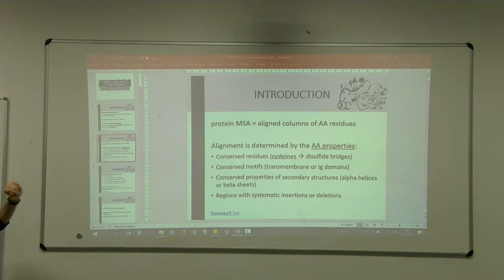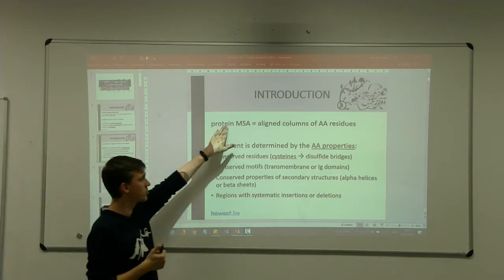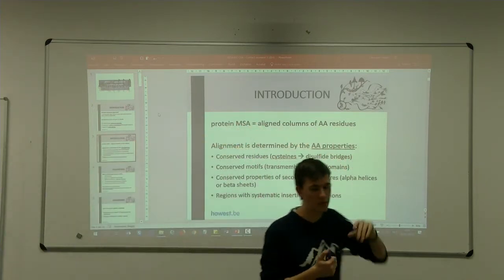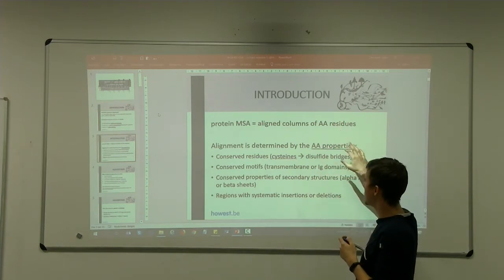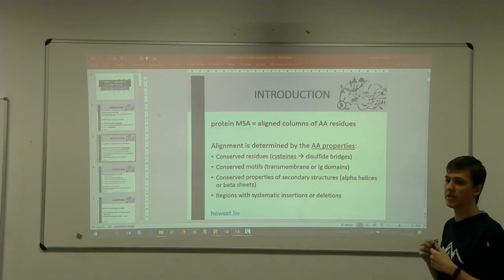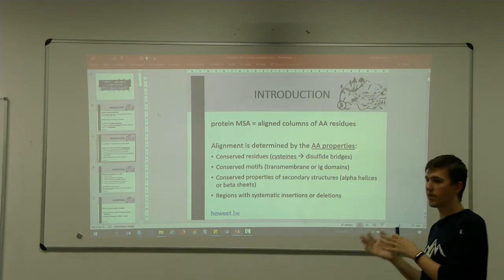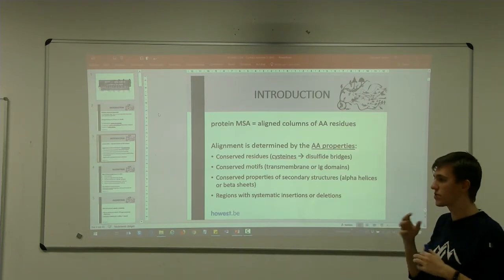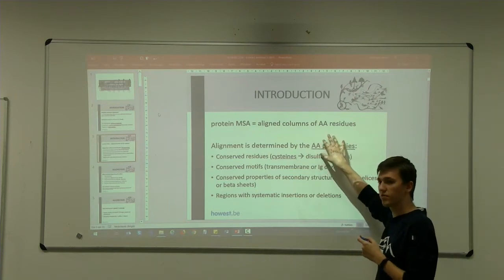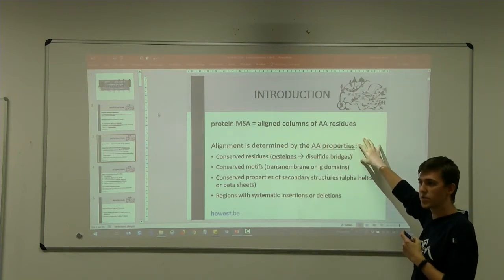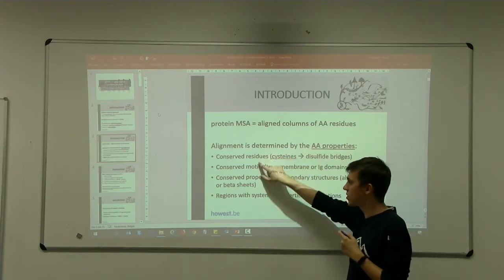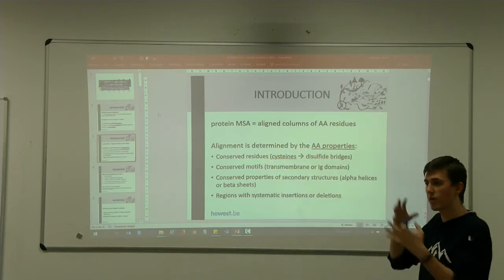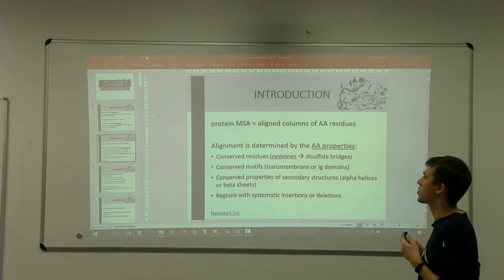If we create a multiple sequence alignment, for example, a protein multiple sequence alignment, we have amino acid residues aligned. How can we align these residues? This is based, of course, on properties of the amino acid residues. And this is different than, for example, nucleotide sequences, where we cannot use the properties of our nucleotides to align these sequences. So there we only take into account identity, but here we can also take into account similarity by using scoring matrices to help align our sequences.